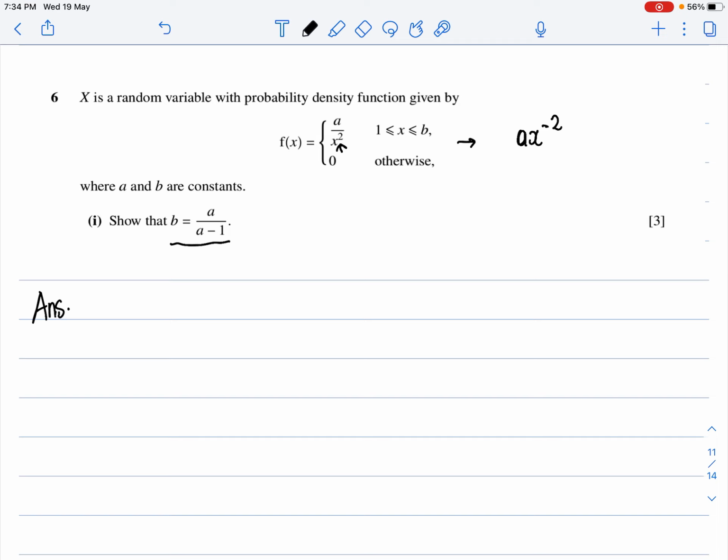So I know if I integrate with the limits 1 and b, which are the maximum limits, and here I have a into x raised to minus 2 dx, I know because it's a probability density function, my max area will be 1, correct?